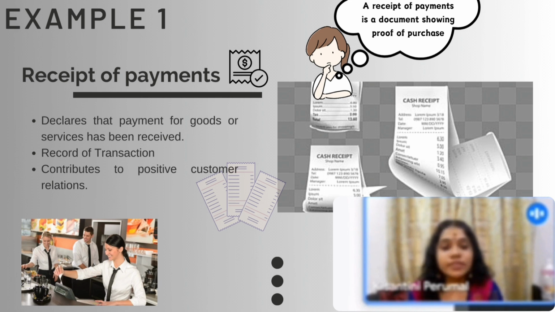It contributes to positive customer relations. Providing a professional and accurate payment receipt improves customer satisfaction. Customers can feel comfortable that their payments have been received and handled appropriately, which promotes goodwill and trust.